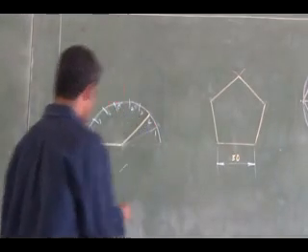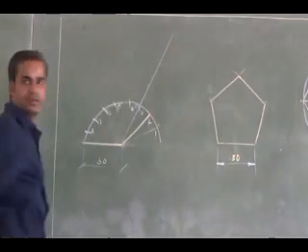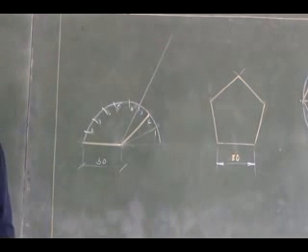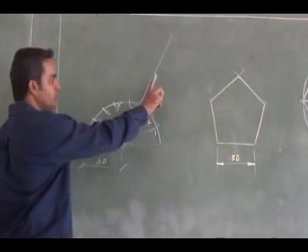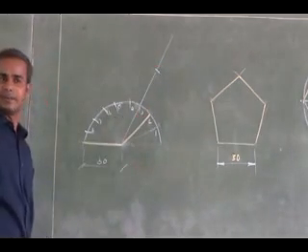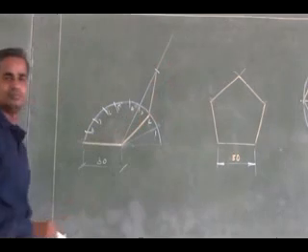I can draw a construction line to the third division. Now what can I do? Measure 30 mm in your compass. From the second division you start and cut it here on this construction line. So this will give me the third side.